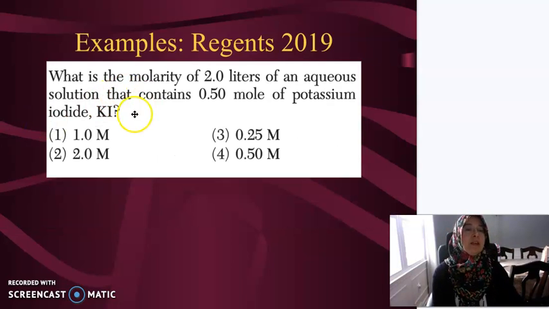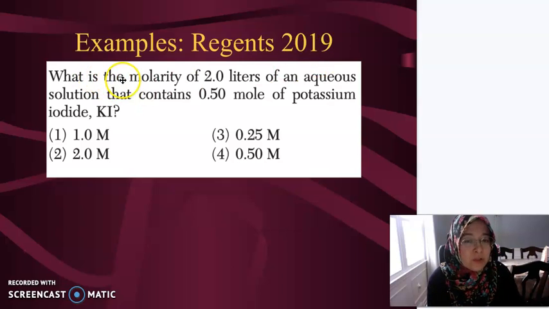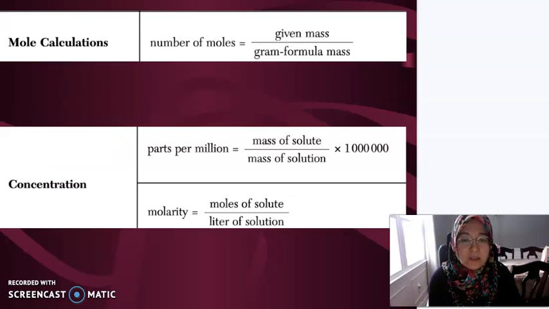First example, that is the last year Regents chemistry question. The molarity of 2 liters of an aqueous solution that contains 0.5 mole of potassium iodide. What is the molarity? They are asking molarity, so we are going to use this formula. Molarity is moles over liter.